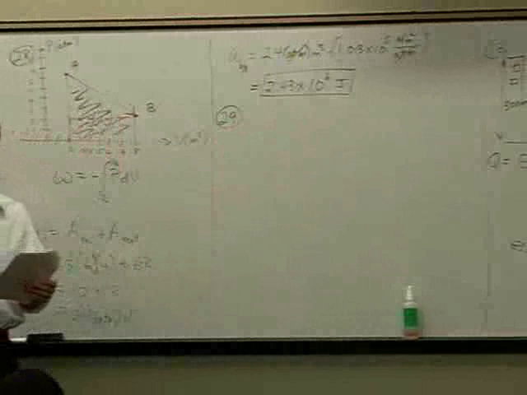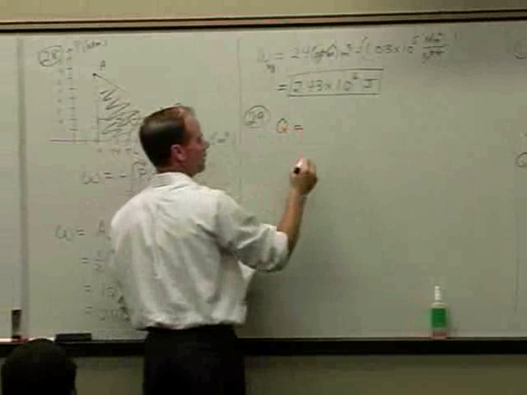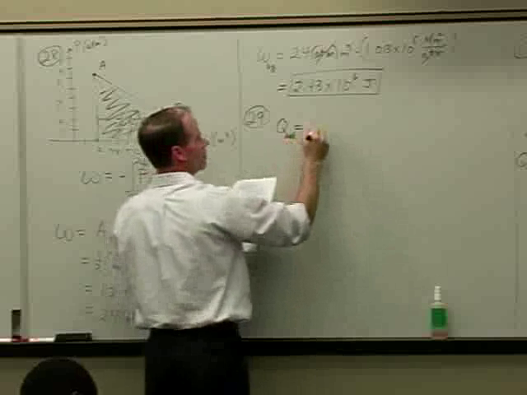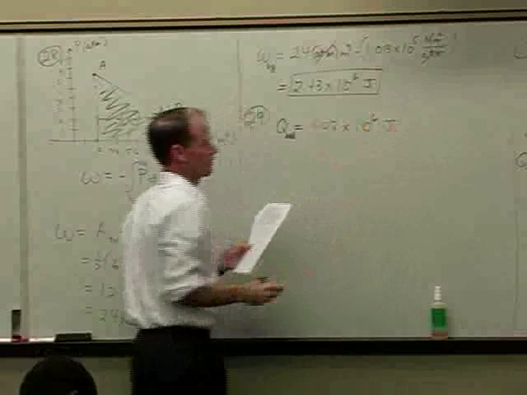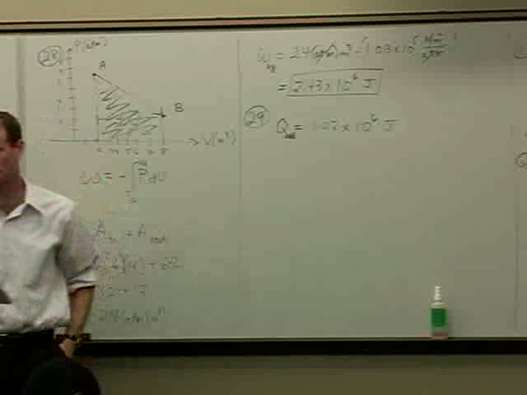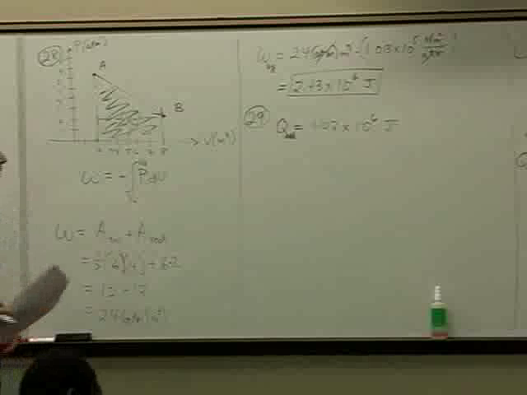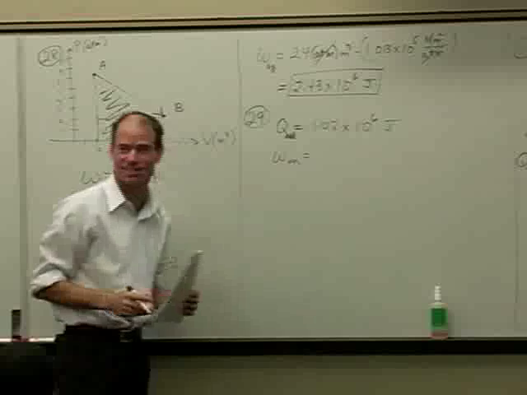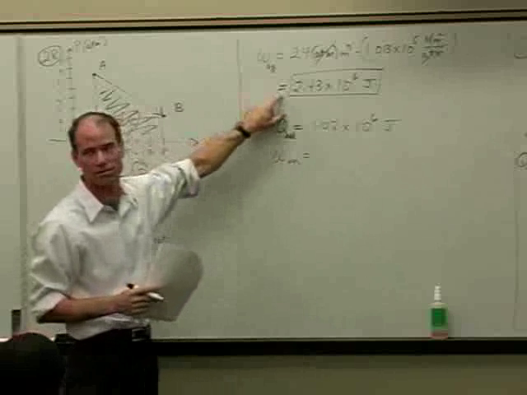Well, we're told that the heat added to the system is given as 1.02 times 10 to the 6 joules. What is the work done on this system? Yes, the negative of what we just calculated, because that is work done by the system.